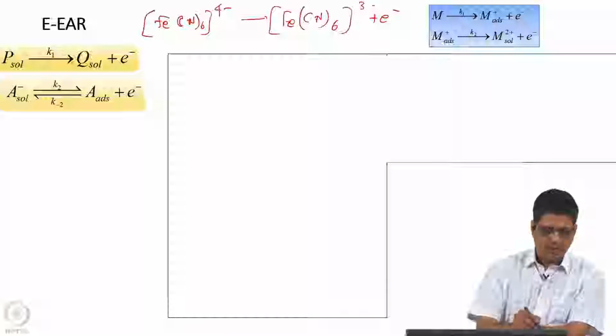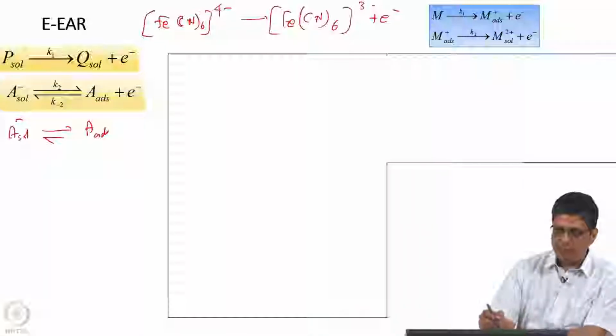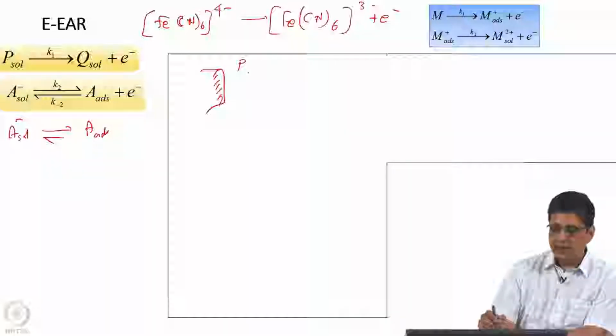Then we have another material, an anion given by capital A, which is in the solution phase. So, it is A minus in the solution phase, it sits on the surface, that means it is blocking the surface. Let us say this is the electrode, we have P in solution, Q in solution, and we have A minus here.